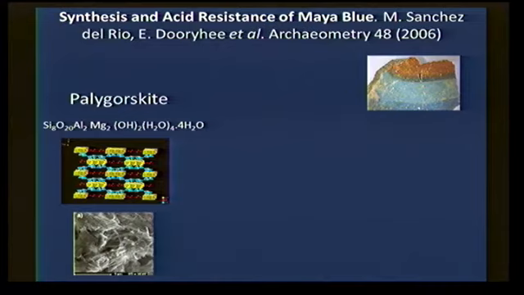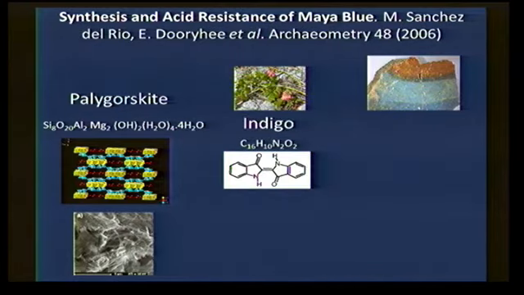So Maya blue is not a mineral per se. It's a hybrid material. It's a combination between a clay, a particular clay which we find in the Yucatan, called palygorskite, and then we mix this palygorskite with indigo. Indigo is a natural organic dye.